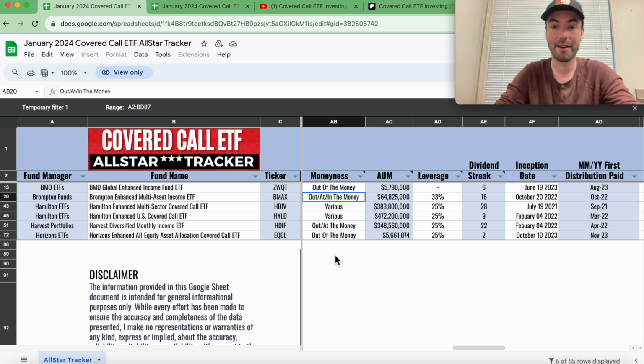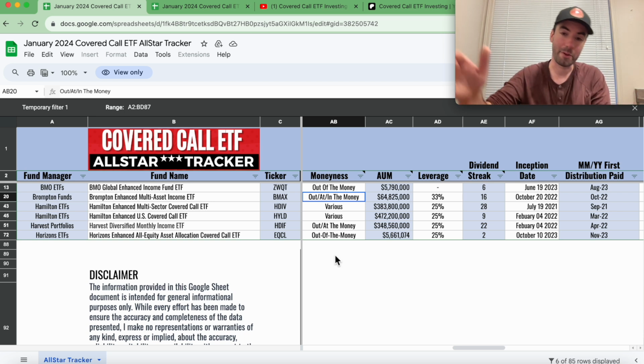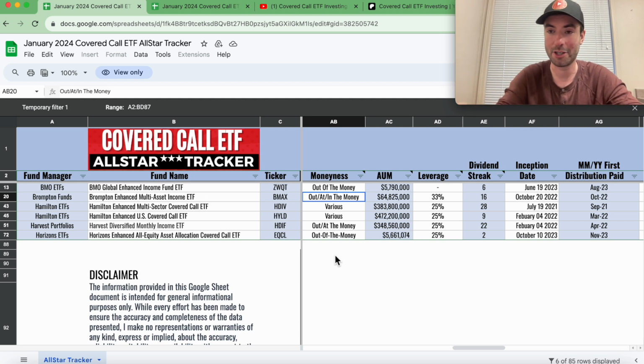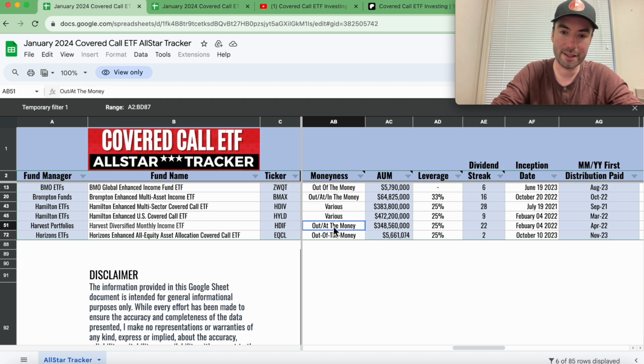BMAX, with their portfolio coverage up to 100%, could be in the money. They're the most liberal, whatever it takes to achieve their consistent returns. Harvest is a little bit flexible, at or out of the money. And Horizons, typically 50% coverage, out of the money.